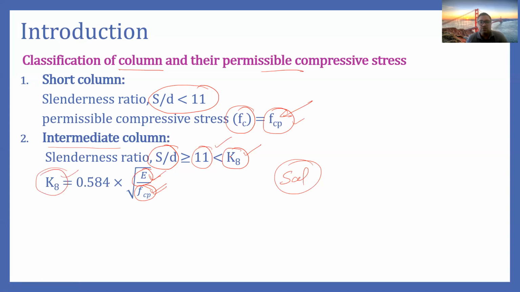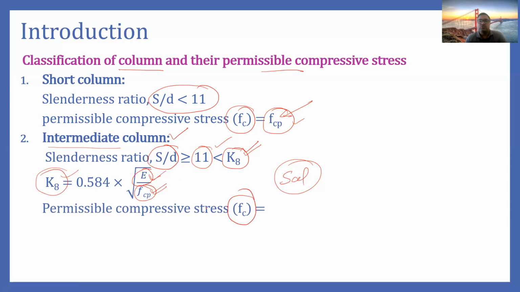And then putting this value in this category, we can easily classify whether our column is an intermediate column, short column, or long column. If the value of S by D is greater than K8, that column will be classified as a long column.